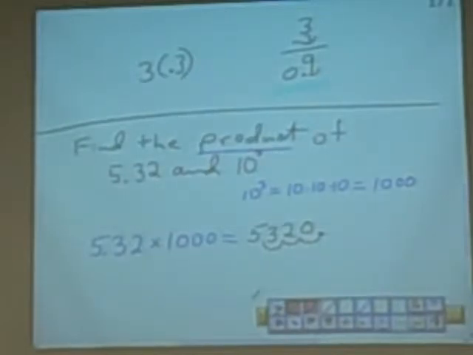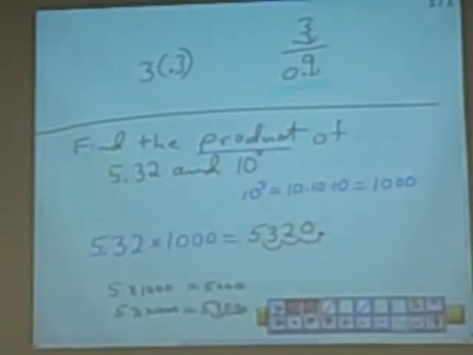Okay? So just like 5 times 1,000 is 5,000, right? Just like 5.3 times 1,000 is going to be 5,300, and we're moving 1, 2, 3 places again, right?